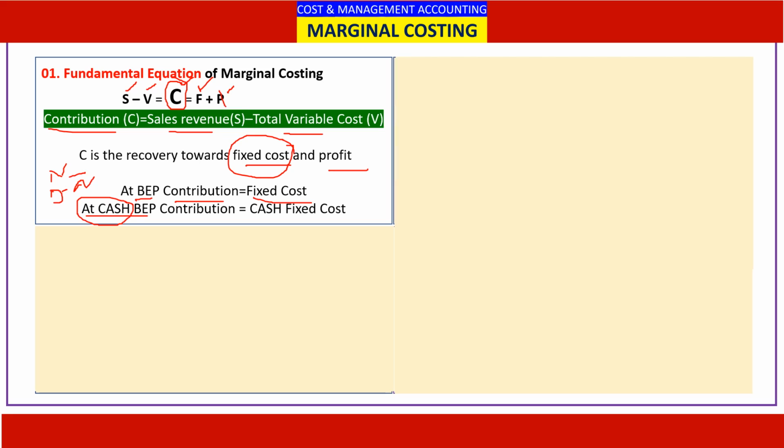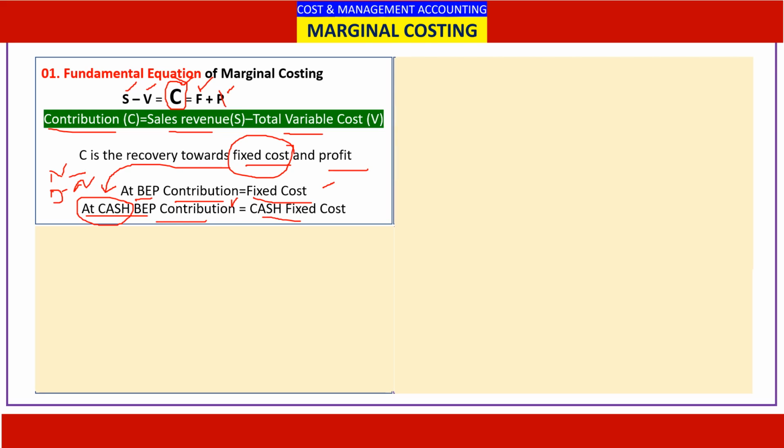Under all circumstances, there should be no cash loss. Therefore, their fixed cost will be mainly cash fixed costs. As we said, cash rentals that we are paying, I should recover that in the first place. In such a case, my contribution is equal to cash fixed cost.